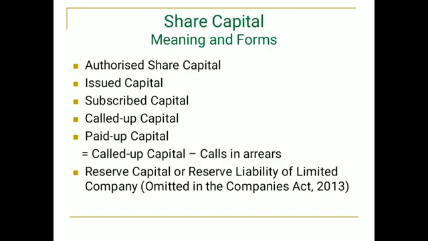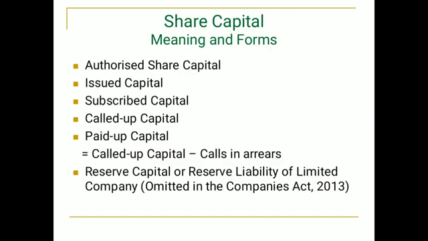Then comes called up capital. Now here, when people have subscribed, they have applied for the shares, the amount you have called up from them comes under the category of called up capital. Then there is paid up capital. Paid up capital is the amount that you have called from the shareholders and which has been paid by them.